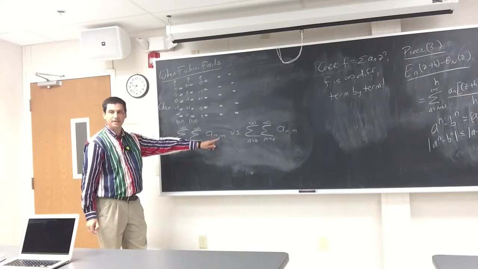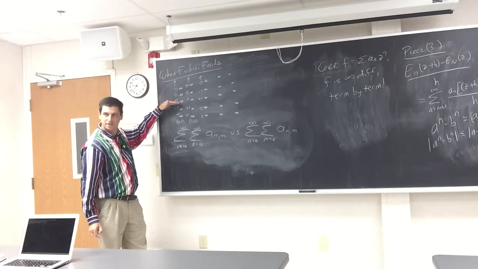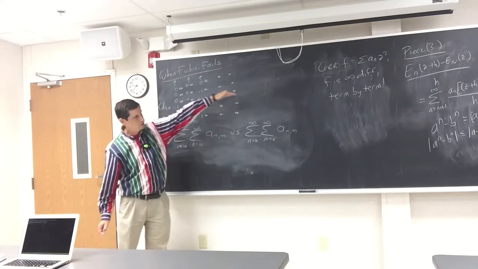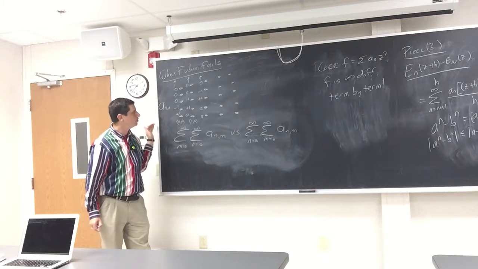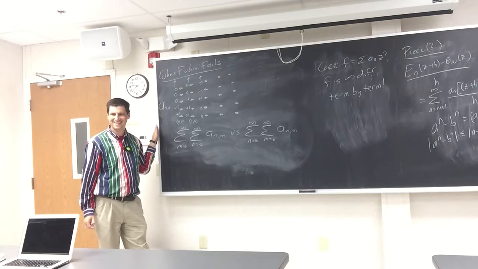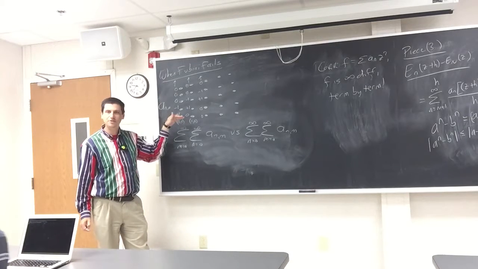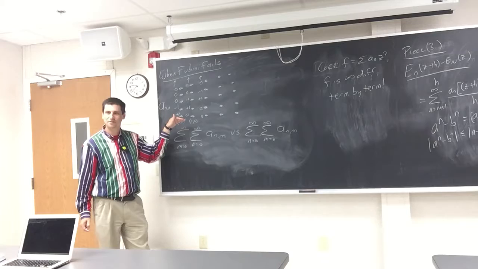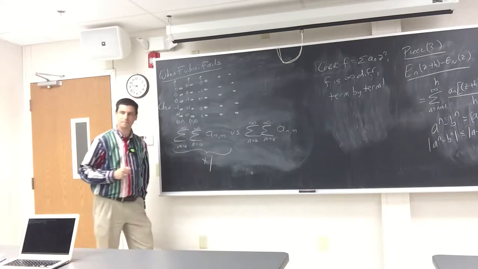So here I fix an m, so that means I fix a height, and I sum over that row. What can you tell me about all the row sums? Or maybe almost all the row sums. Almost all the row sums are 0, except for that first row sum, which is 1. So this quantity here is just +1.